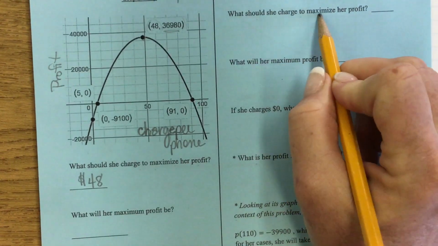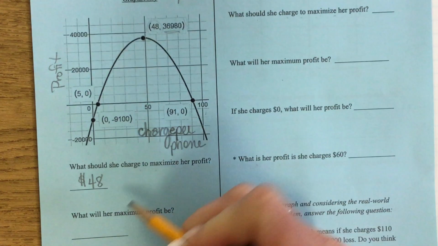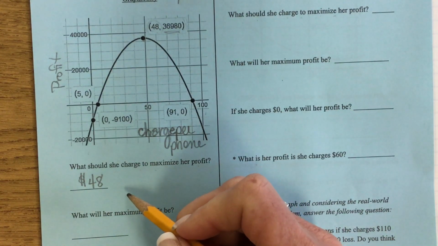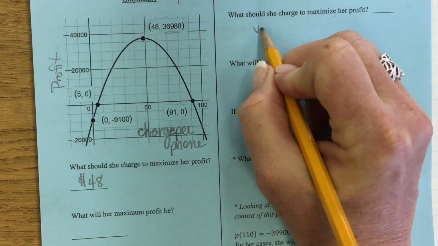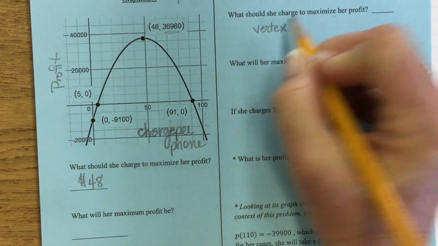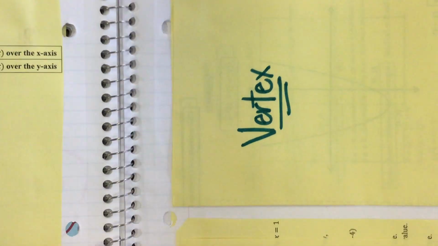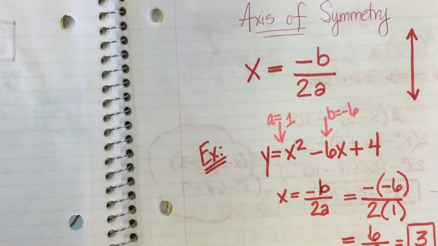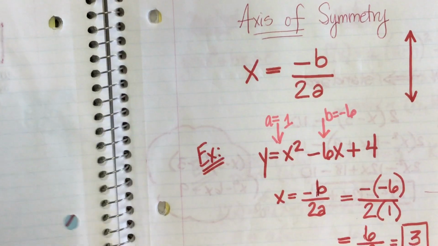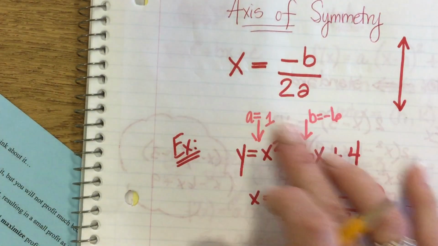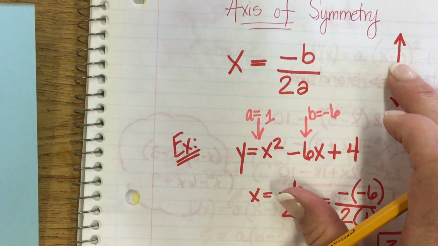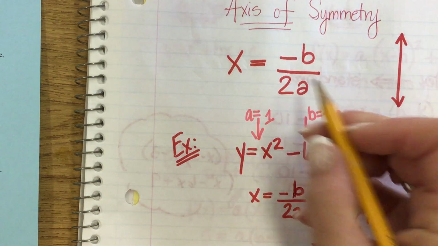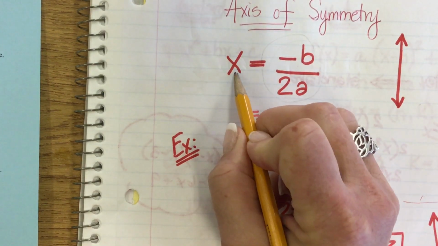How does she find what she should charge to maximize her profit? Is that our vertex? Yes. Is it the axis of symmetry, or is it my y? Algebraically, I'm looking for my x.